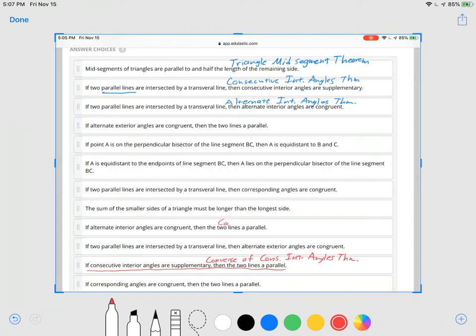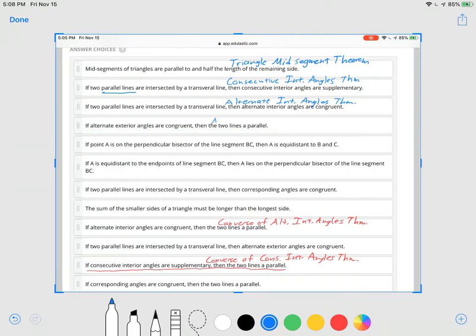So this is the converse of the alternate interior angles theorem. Okay, let's go back up. If alternate exterior angles are congruent, then the two lines are parallel.